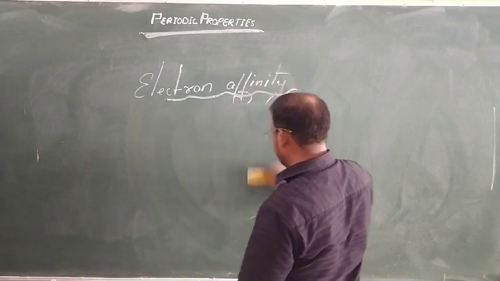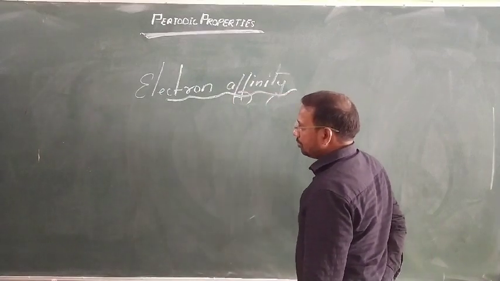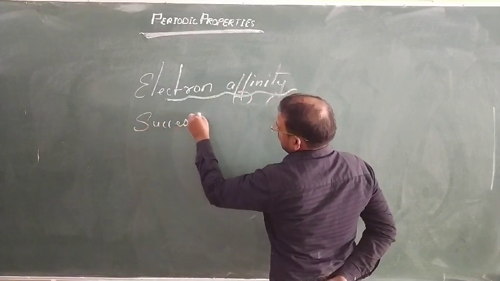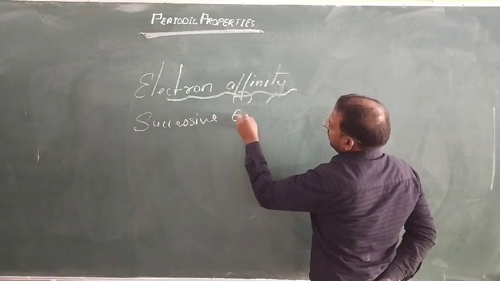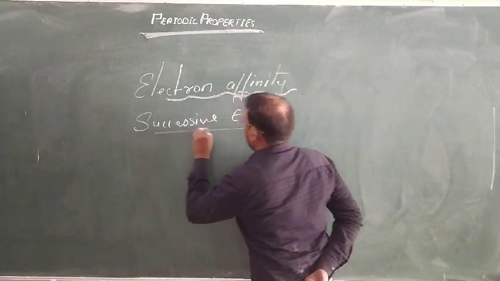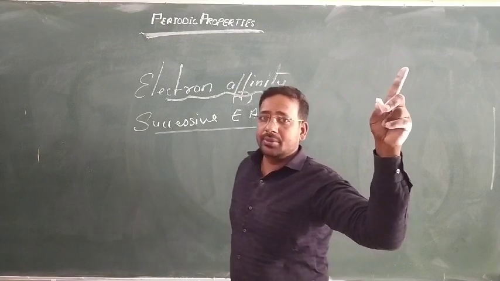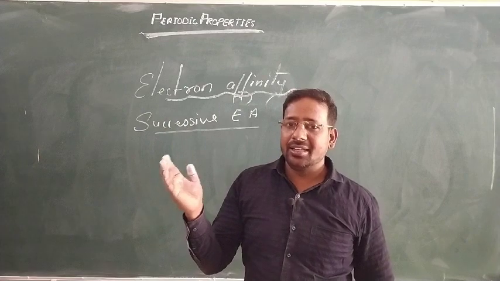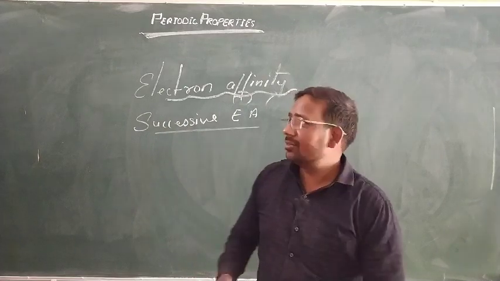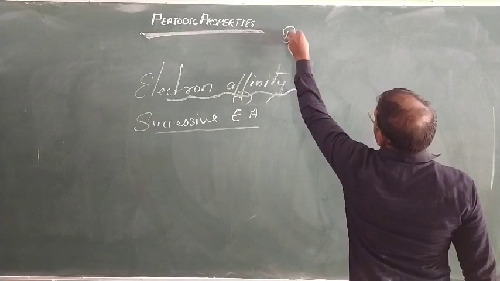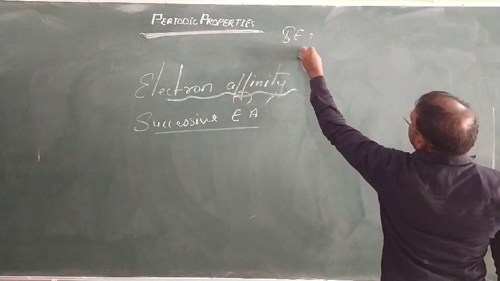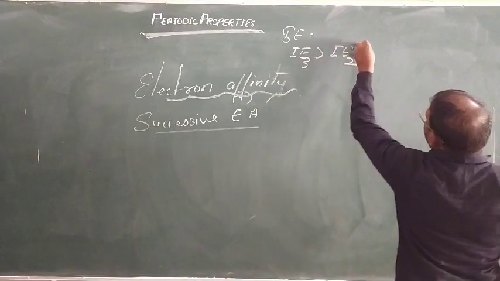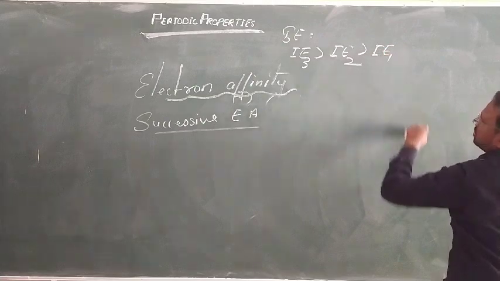Now one more thing, it is very important: successive electron affinity. In the case of ionization energy, we have seen that IE3 is greater than IE2, and the least is IE1.